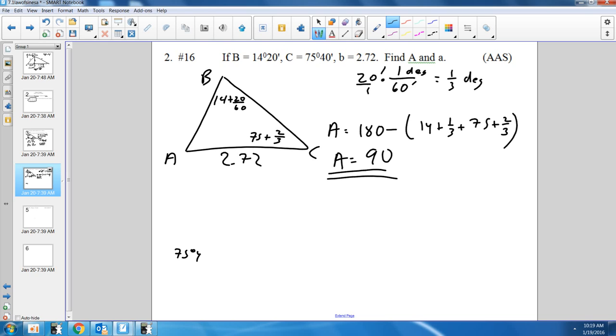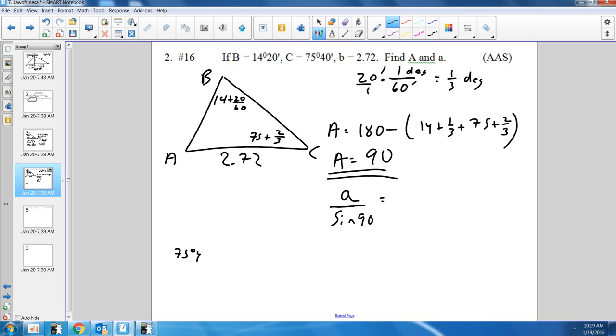Then you can do the same thing and apply the law of sines to a 90-degree triangle as well. Again, I want to find out my A, so I want to write down A over the sine 90 equals, and then you want to look and see what can get paired up.